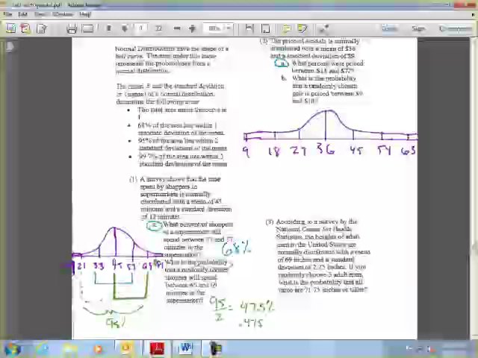For part A then, what percent were located between 18 and 72, which goes off the edge?